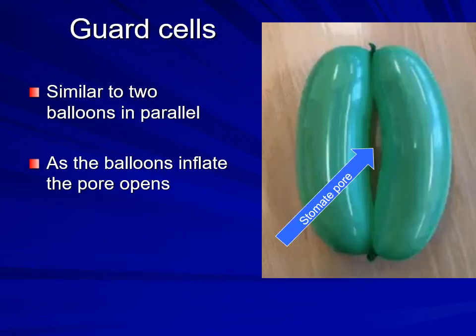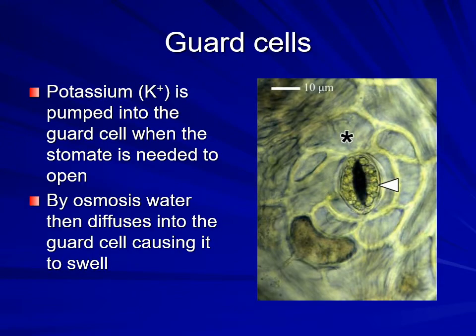The best example would be to look at two balloons. If you tied two balloons end to end, they're fixed at this point. As you inflate them, a pore opens up, right? And it's here where the stomatal pore allows gases in and out. So how they do that is by pumping potassium into the guard cells.